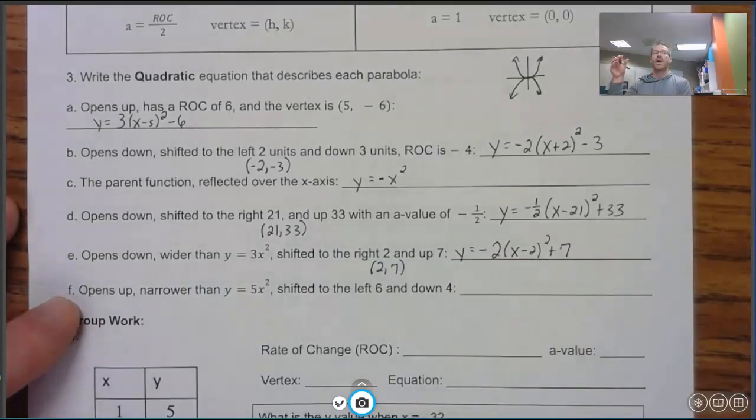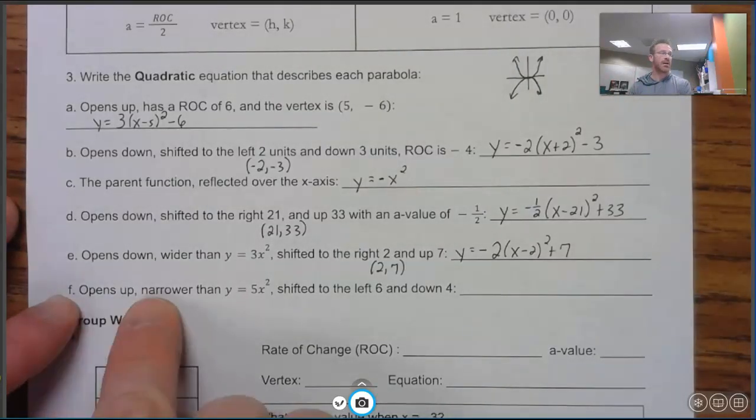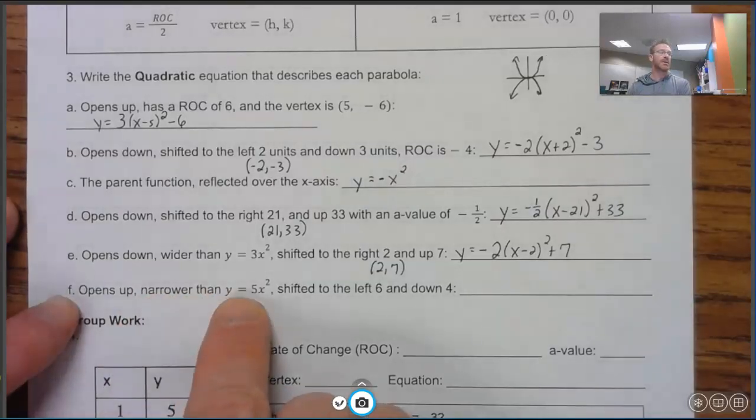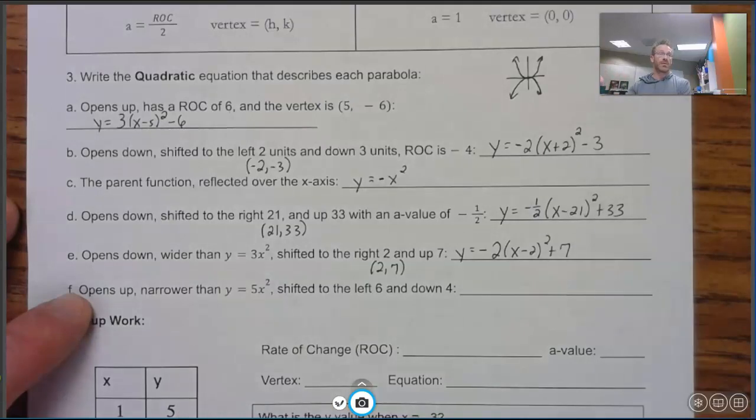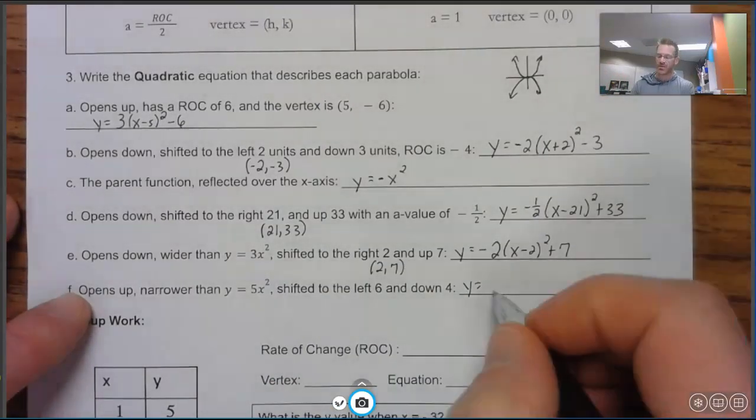So remember, I would do the wider or narrower first, get that number set, and then assign the sign to the number to make it open up or down. So let's look at F here. Opens up, and now I want it to be narrower than y equals 5x squared. So to be narrower, I want it to increase faster. I want it to go up. So now I'm going to pick a number bigger than 5. I'm going to go with 10 this time, just to make it a lot bigger.